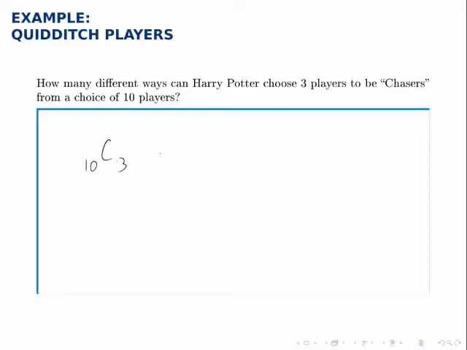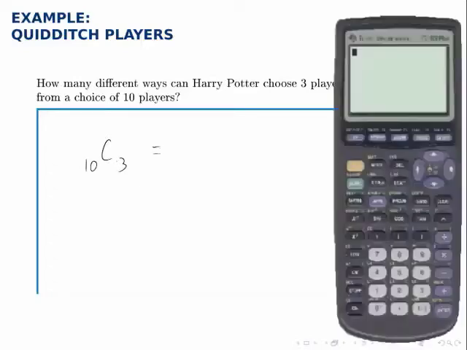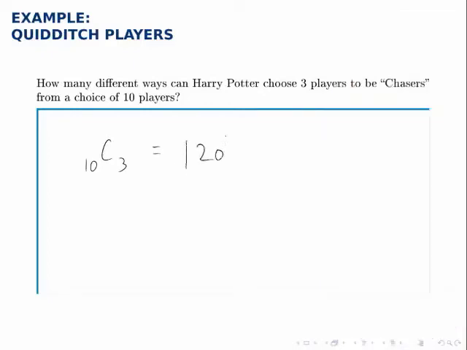We're choosing 3 out of these 10. So I'm just going to use the built-in function in the calculator. So I type in n, then go to math, probability, down to NCR, 3, and find that the answer is 120. So there are 120 total ways that these 3 people can be chosen from a pool of 10.